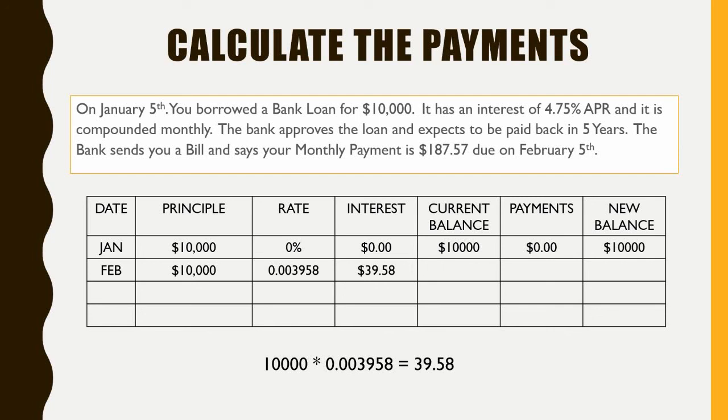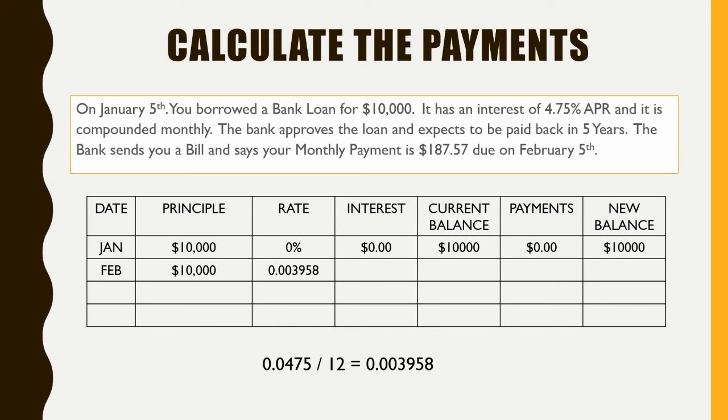Wait, how did you get the rate? It's the 4.75% because that's an annual percentage. I'm going to divide it by 12 because I'm making monthly payments. I'm getting compounded every single month. So my calculation here is 0.03958, that's my interest rate per month.